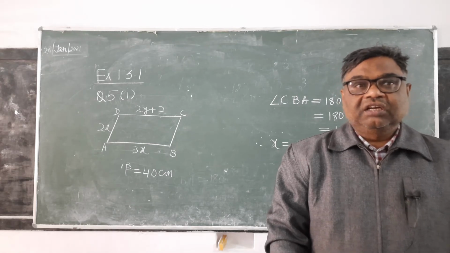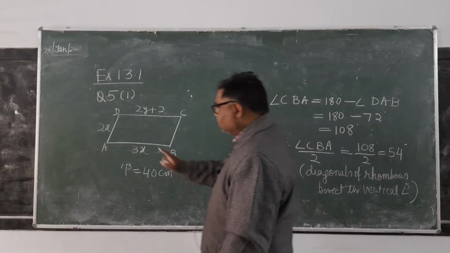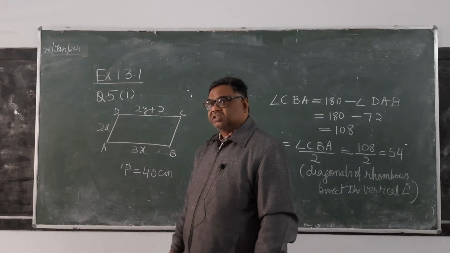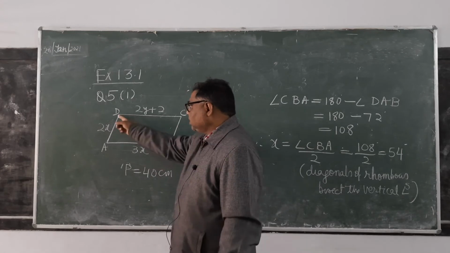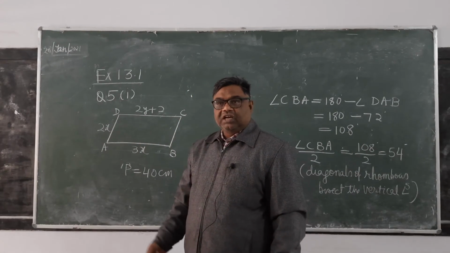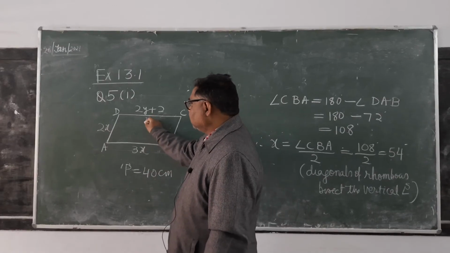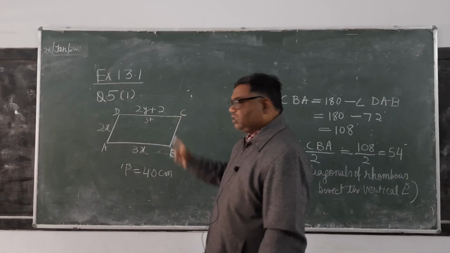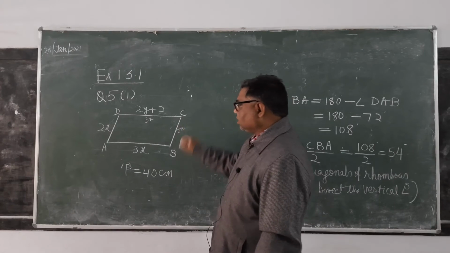So see here, this is 3x. So what will be this side in terms of x? ये 3x है तो ये साइड x के टर्म में क्या होगी? 3x. Why? Because opposite sides are equal. This is 2x, so what will be this? 2x.